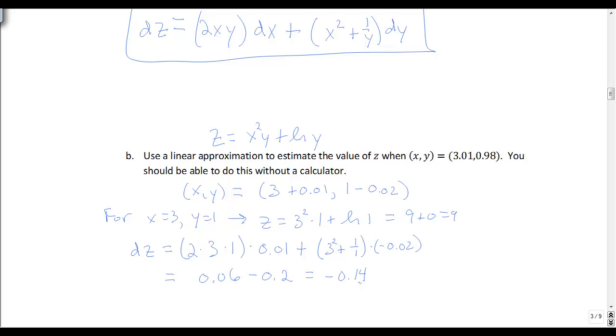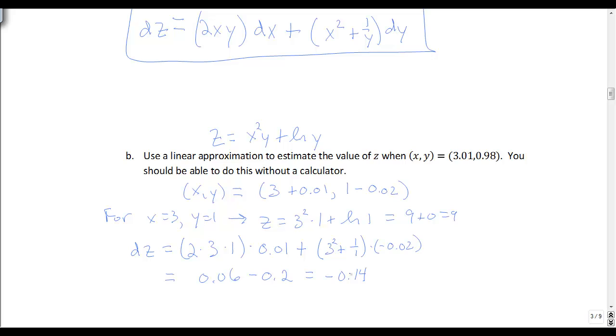What we're saying here essentially is that if we use the tangent plane approximation or a linear approximation to z, where z equals x squared y plus natural log y, and you move from 3, 1 and add 0.01 to x and subtract 0.02 from y, we can use this differential formula to figure out that z changes by negative 0.14, which is really subtract 0.14.